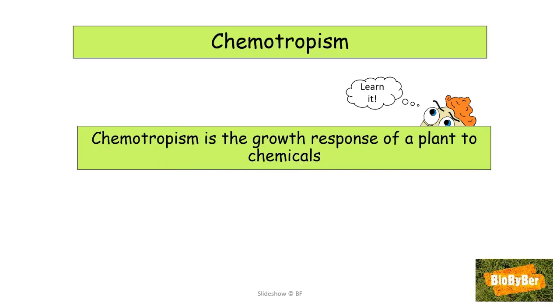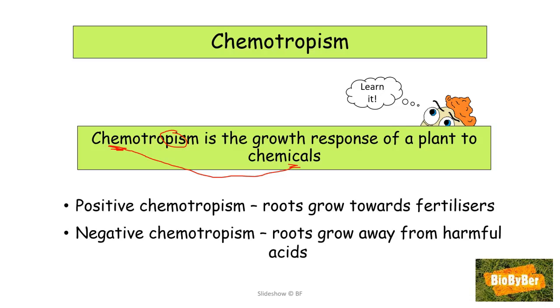Lastly, chemotropism. Remember the definition? It is a growth response of plants to chemicals. Positive chemotropism is where roots would grow towards fertilizers. These fertilizers are usually minerals.